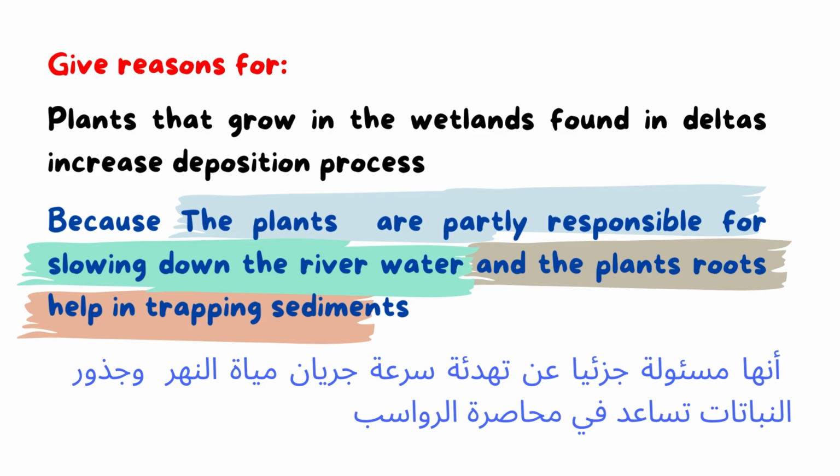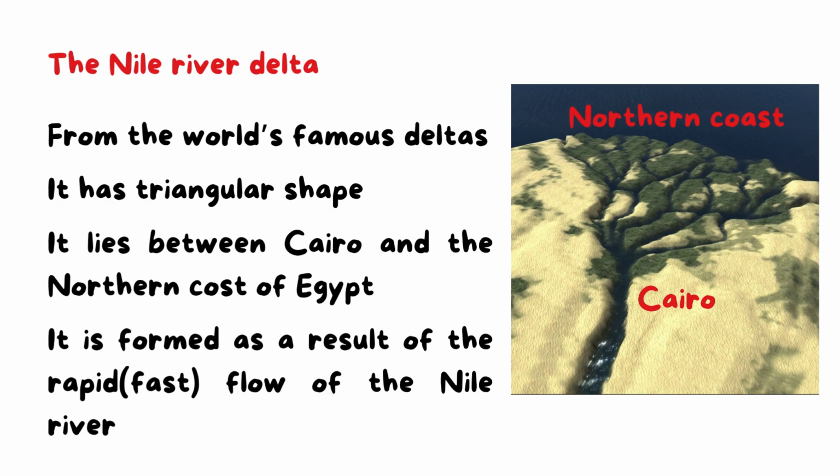Now you study an example of a delta, the Nile River Delta. This Nile River Delta is one of the most famous deltas in the world. As you see, it has a triangular shape. It lies between Cairo and the northern coast of Egypt.